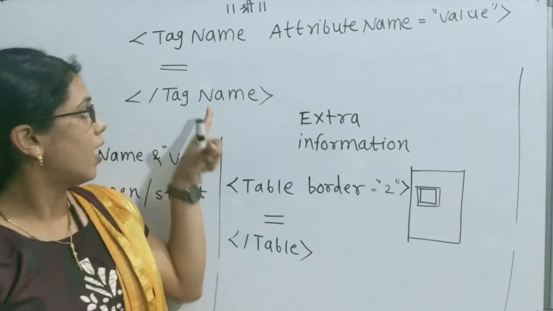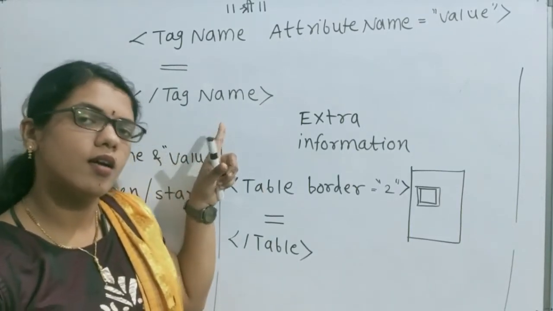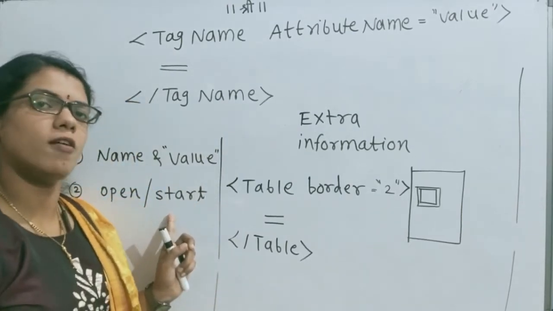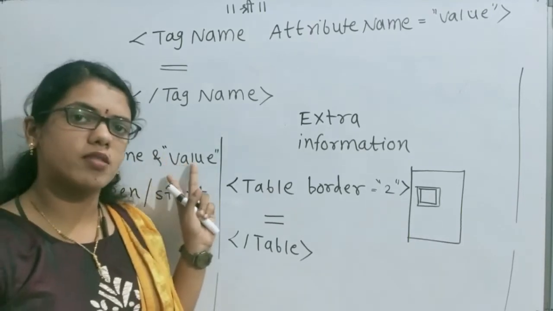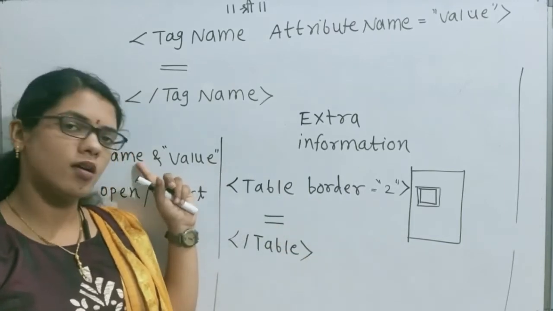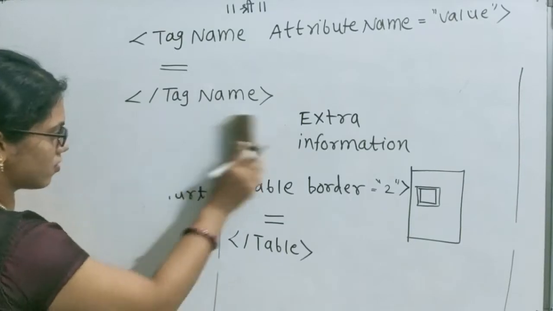Simple concept. Attributes give extra information about our tag, they are always declared inside the start or opening tag, and they always come in pairs of name and value. Take one more example of this concept.